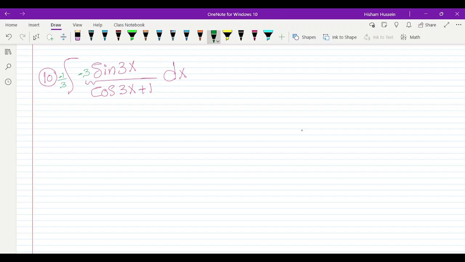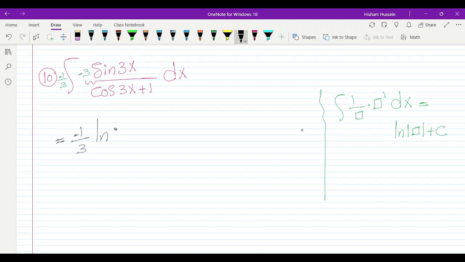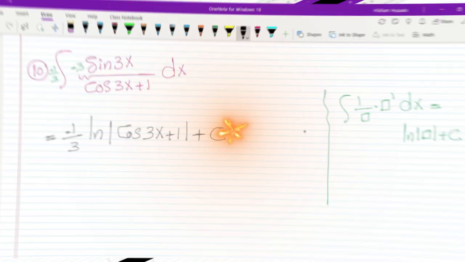As we know, if we have the integration of 1 over some function times the derivative of this function, this equals ln of this function plus c. So the integral here will be negative 1 over 3 ln of the denominator, which is cosine 3x plus 1, plus c.